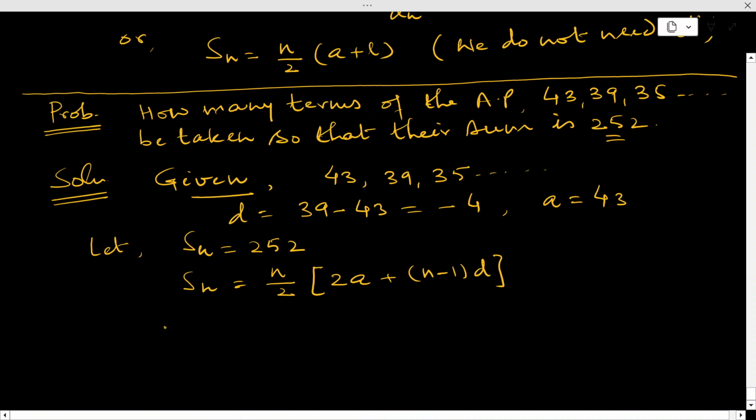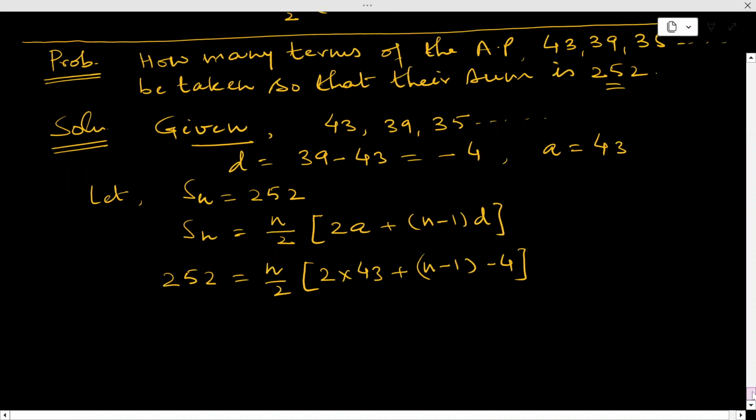Sn we already have with us, so it is 252, and the value of n we have to determine. And 2a is 2 into 43, plus (n minus 1) times d, where we have the value of d.